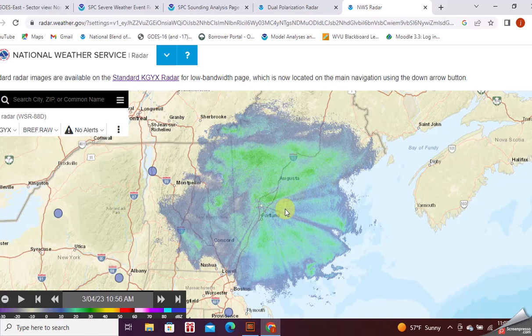Each one of those scans is looking, and it spends most of its time listening. It sends out a pulse of echoes and it listens for a little bit. Then it will gradually rise to another elevation and do the same thing till it eventually reaches the top of its elevation angle, which is 19.5 degrees. So when you look at radar from the National Weather Service, know two things. Either you're getting one elevation angle, which probably is the lowest elevation.